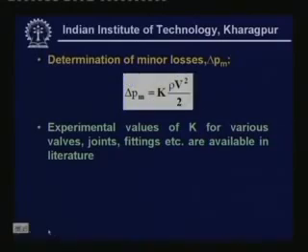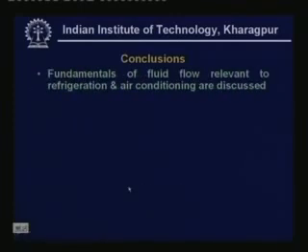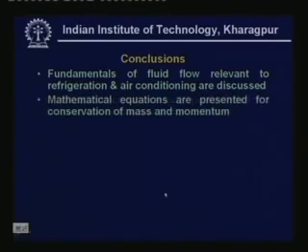Now, let us conclude today's lecture. In today's lecture, we have reviewed the fundamentals of fluid flow relevant to refrigeration and air conditioning, and we have presented mathematical equations for conservation of mass and momentum. The equation for conservation of mass is also known as the continuity equation.